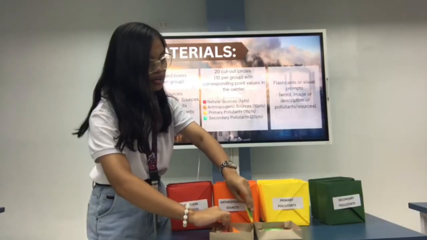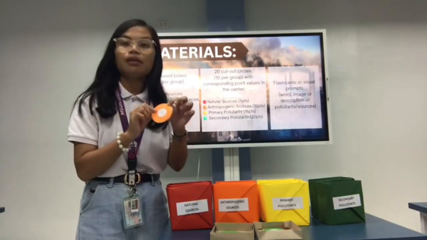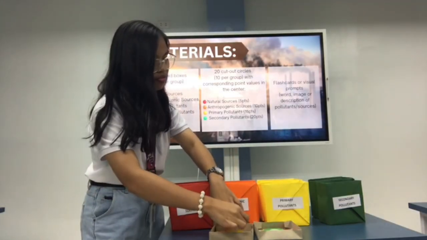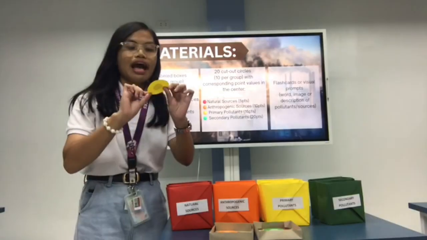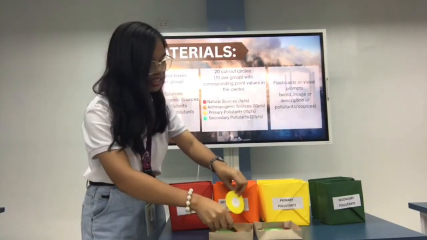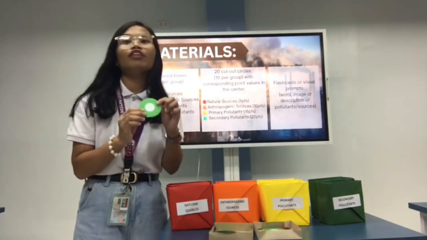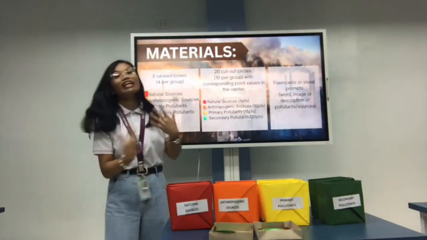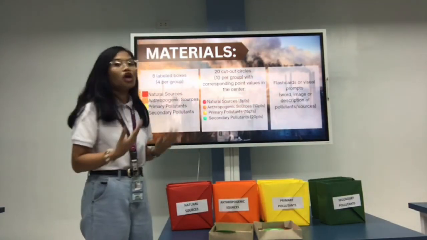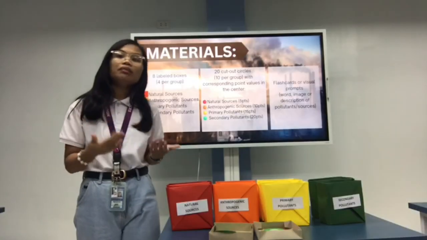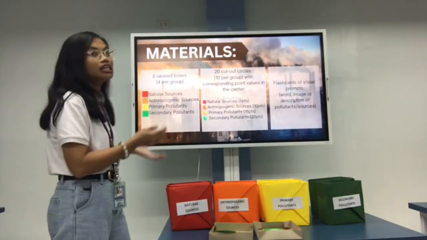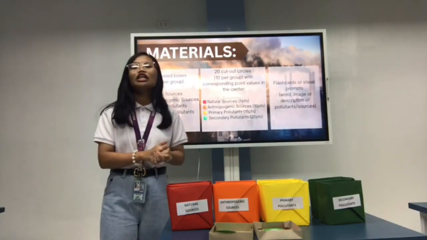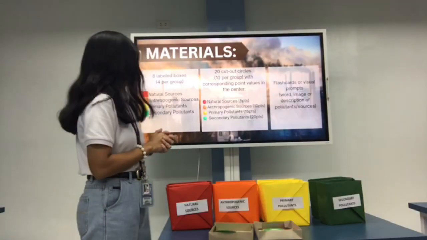For the orange circle, we have 10 points. For the yellow, we have 15 points. And lastly, for the green, we have 20 points. And lastly, we have here flashcards or visual prompts. It's either a word, image, or descriptions of pollutants and sources that I'll be showing to you later on.